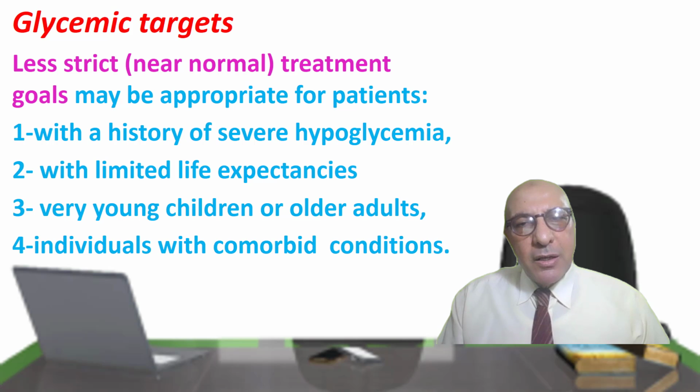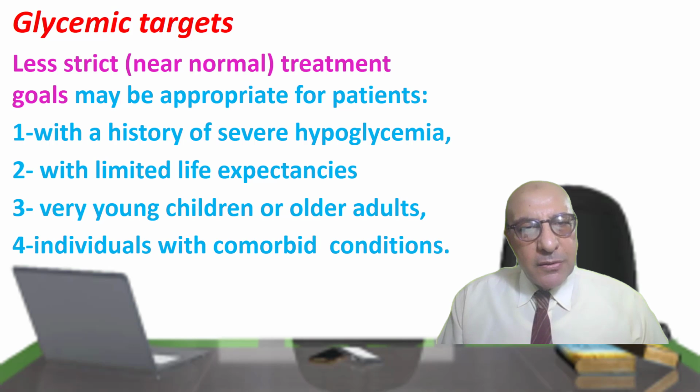This means that usually we try as much as we can to keep the blood sugar as near normal as possible to decrease the incidence of complications in the long run. But if the patient is having repeated attacks of hypoglycemia, we cannot do that because hypoglycemia in itself can be fatal. What we'll do here is raise our target to decrease the incidence of hypoglycemia.